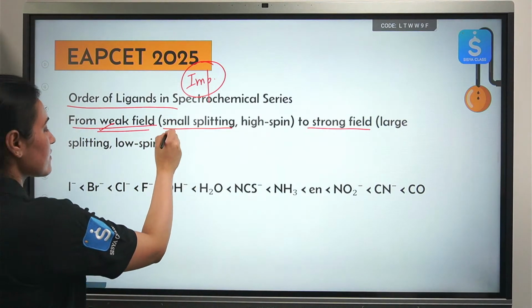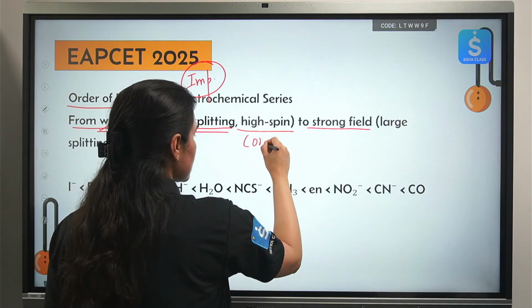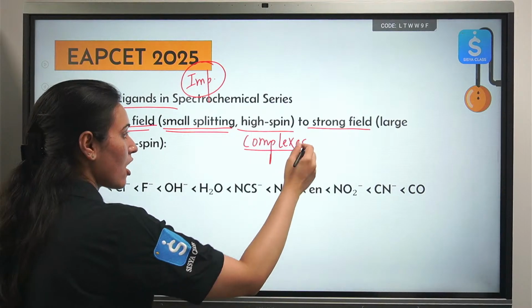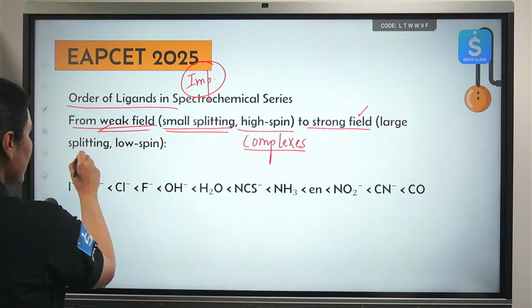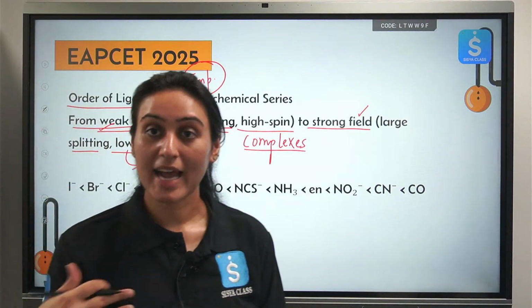Your weak field ligands will show small splitting and they will form high spin complexes. And your strong field ligands will show large splitting and they will form low spin complexes, and there is another name that we give them that can be asked to you.